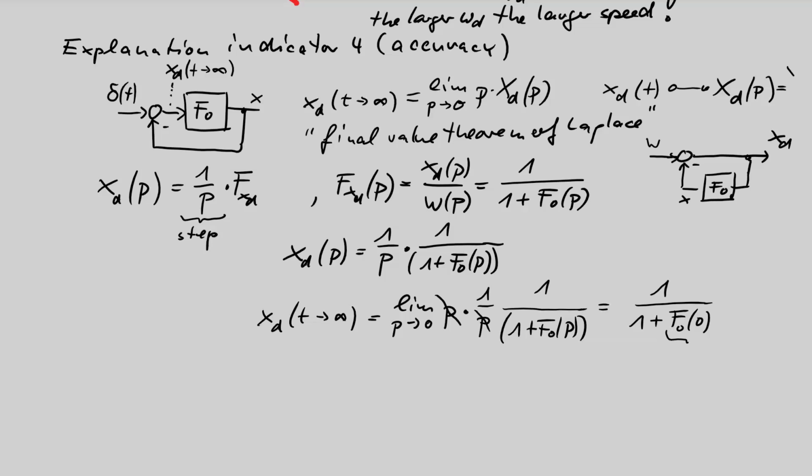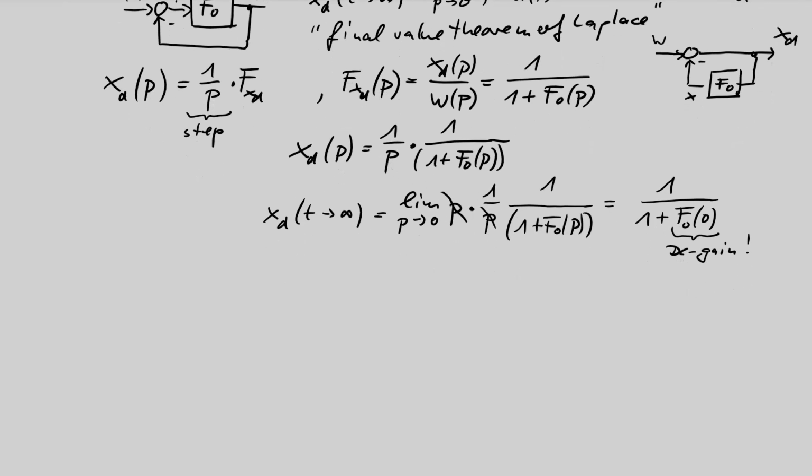This is the DC gain of the open loop. So make the DC gain large. This causes the error to be small. Best case, if the open loop gain goes to infinity, in this case we have a control error which is 0.